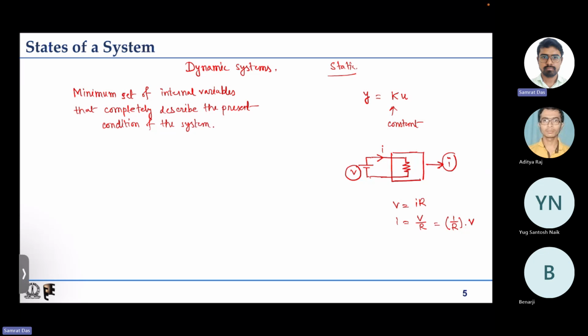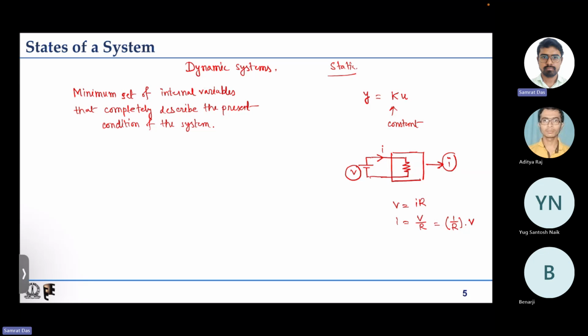It is the minimum set of variables such that if you know their values at a particular instant, and you know the next input, then you will be able to predict the future output.